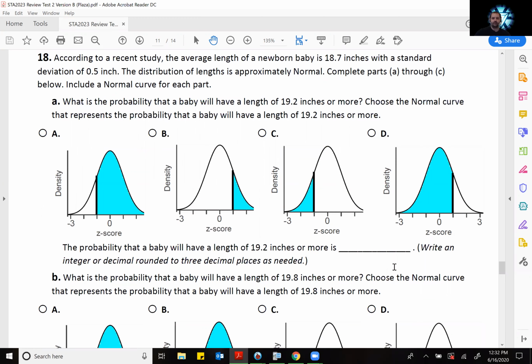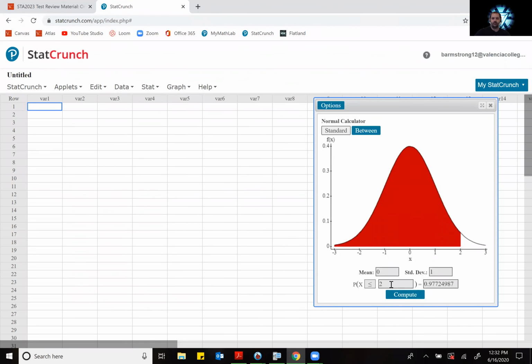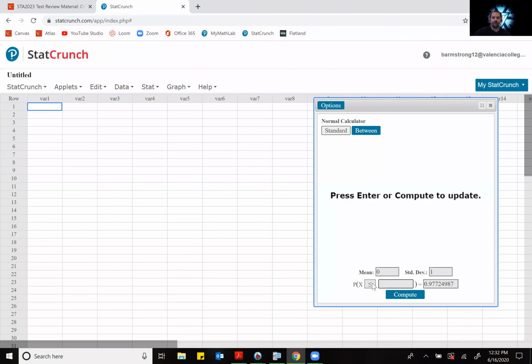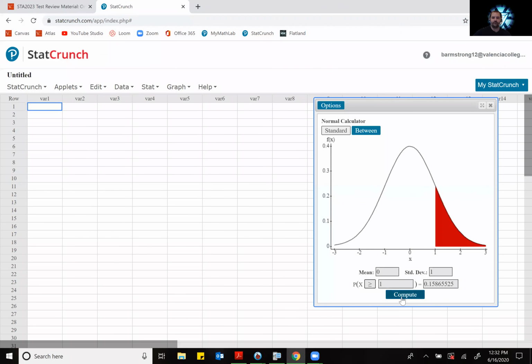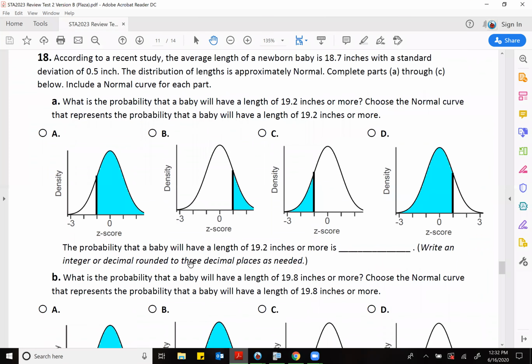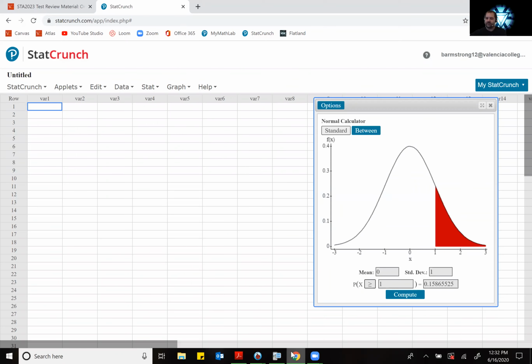We can go in here, 0, 1, change that to a 1, but we want to be greater than. So you said 0.16? Okay. Let's make sure, is it 3 decimals though? 3 decimals. So what does it give us now? 0.159. There we go.